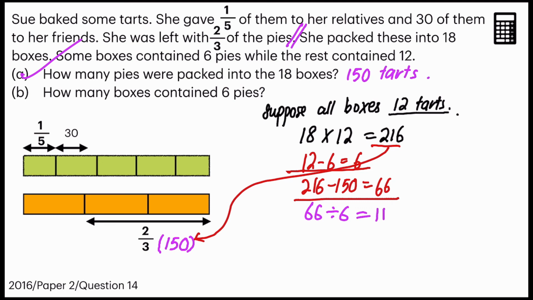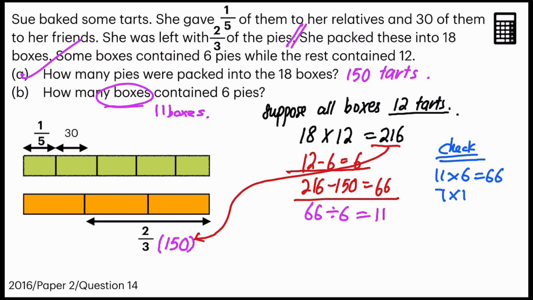So there are 11 boxes containing 6 pies. Now let's do a check. So 11 times 6 equals to 66. If there are 11 boxes, there will be 7 boxes of 12 tarts, which is 7 times 12, giving me 84.